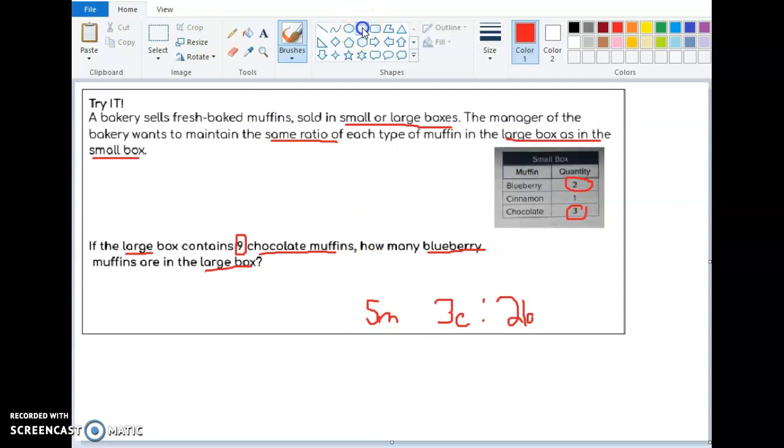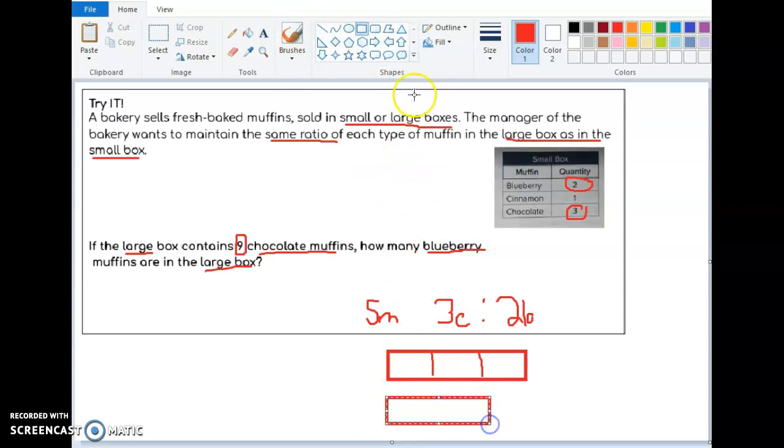Okay, I'm going to model it. So this is my chocolate, this is my blueberry. Okay, I know that I need 9 chocolate in here.